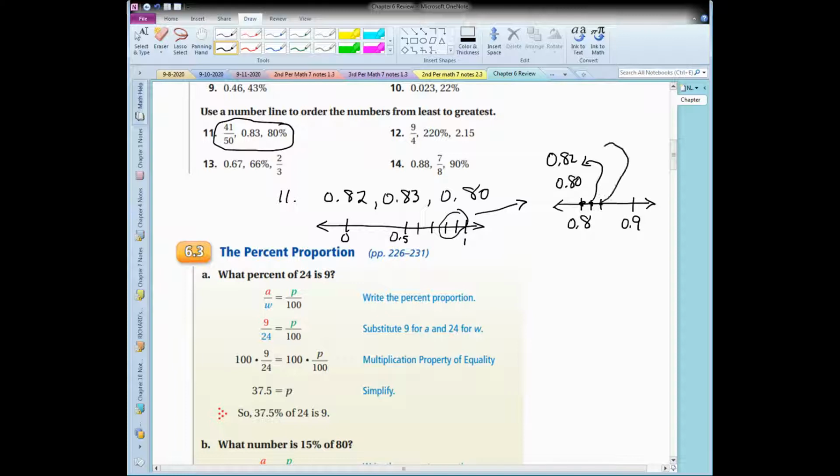So if I was going to write these values in order from least to greatest, it would be 80%, then 41 over 50, and then 0.83. Okay, so that's how you work those problems out.